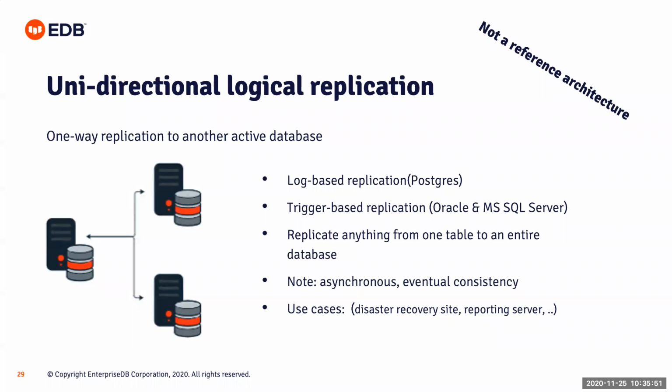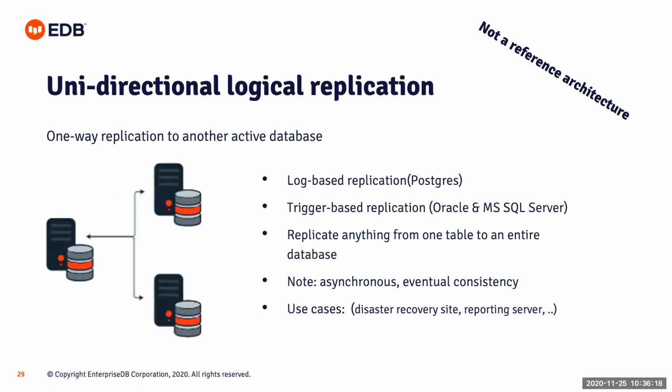So instead of using WAL streaming and archive commands for your standby databases, you want to offload, for instance, a reporting server or some other disaster recovery site. You want to completely offload that.